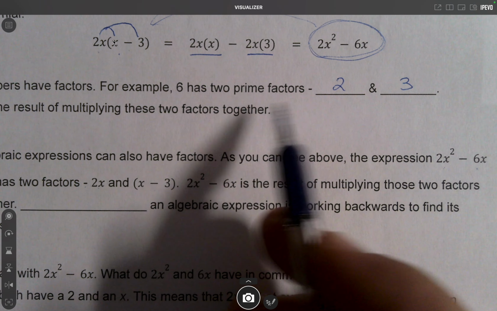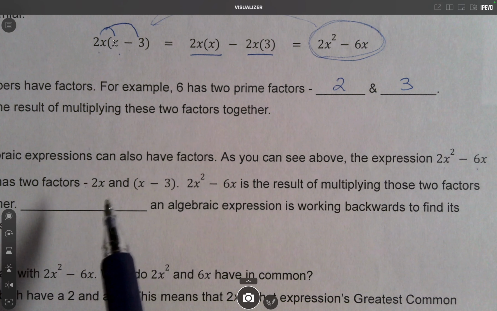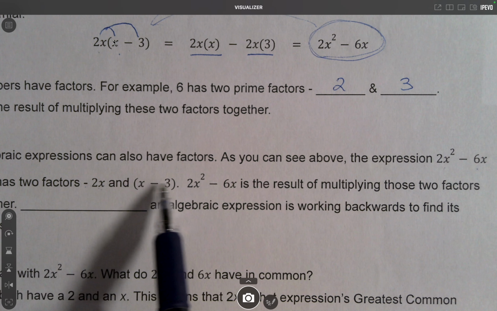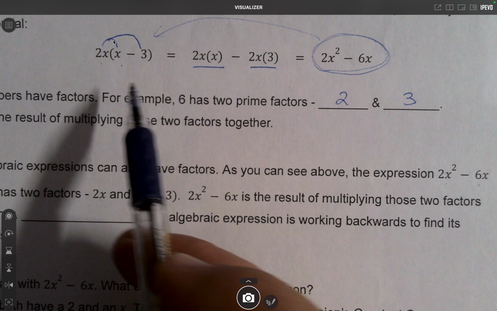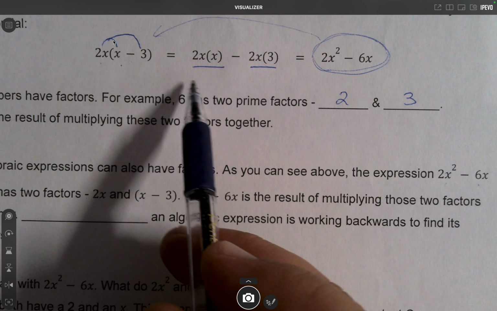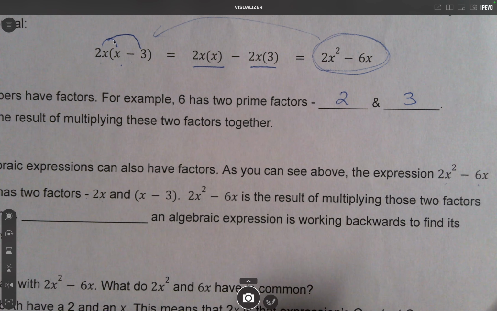Just like 6's factors, 2 and 3, give you 6 when you multiply, these two factors, 2x and x minus 3, when you multiply them together, give you 2x squared minus 6x, as you can see from what we did up here. When we multiply the two factors together, we get the expression. So factoring an algebraic expression is working backwards to find its factors.